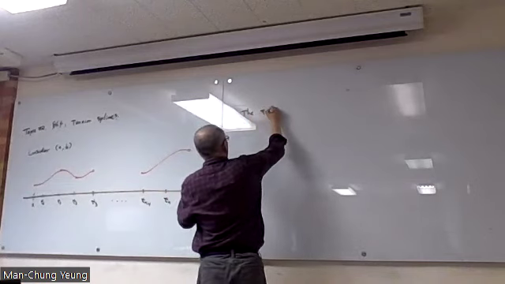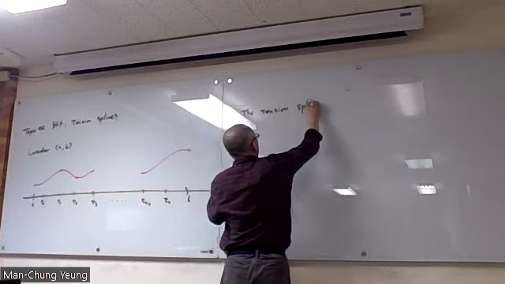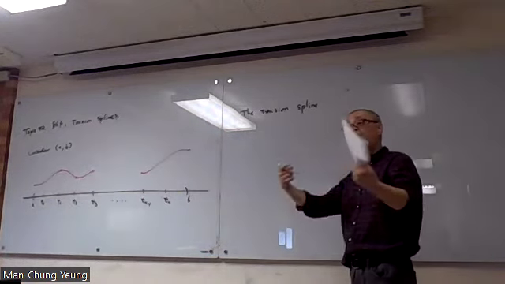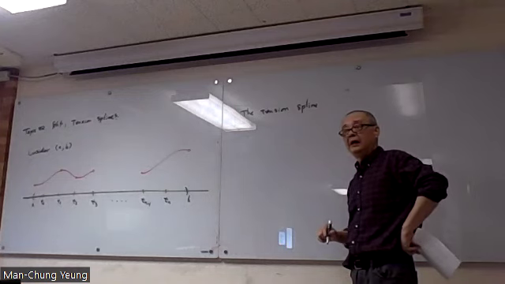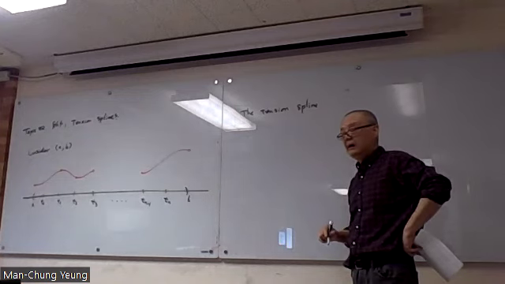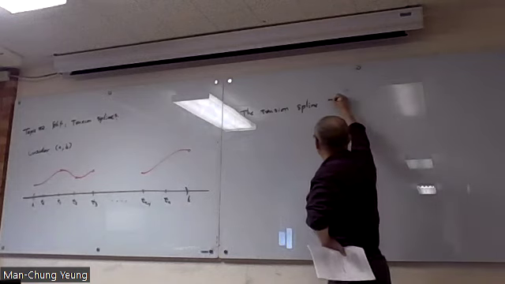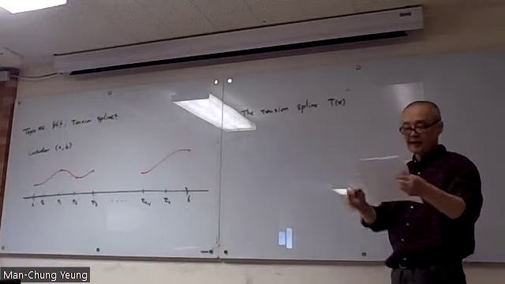The tension spline. Tension spline, it is a function. Let me give a name to this function. According to the book, use capital T of x. Capital T means tension spline.